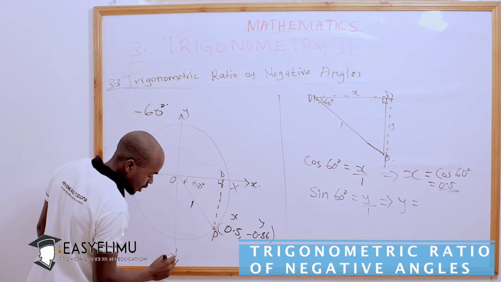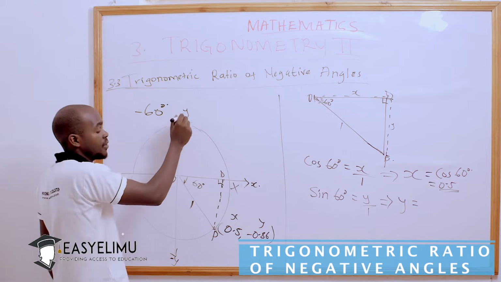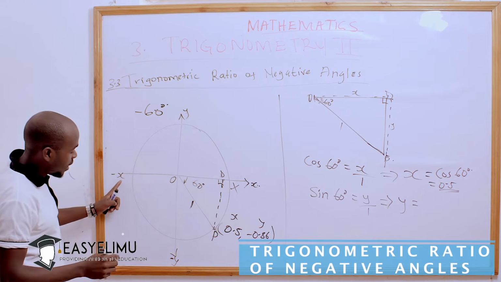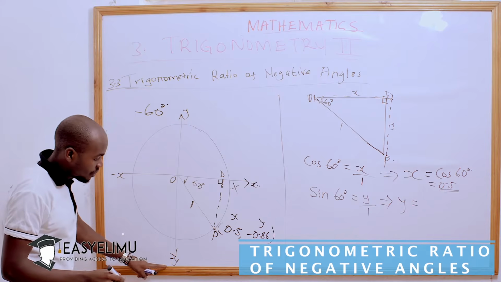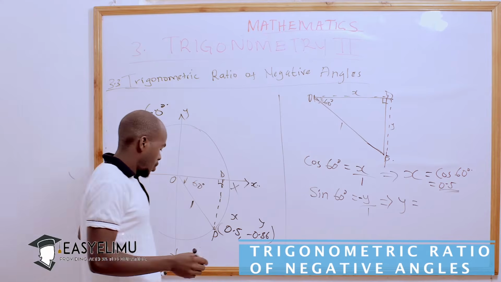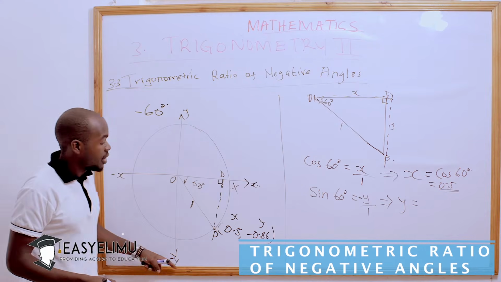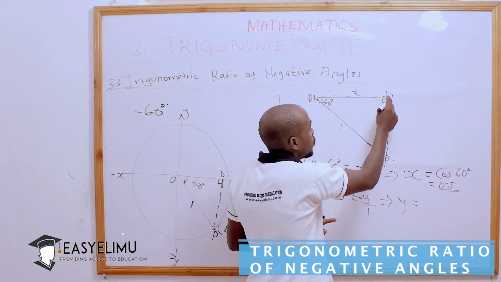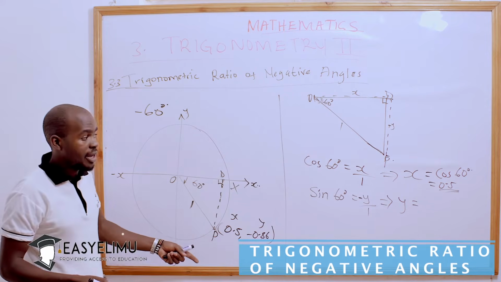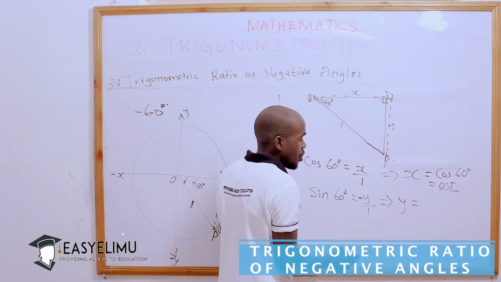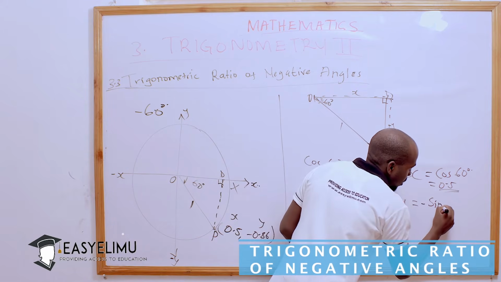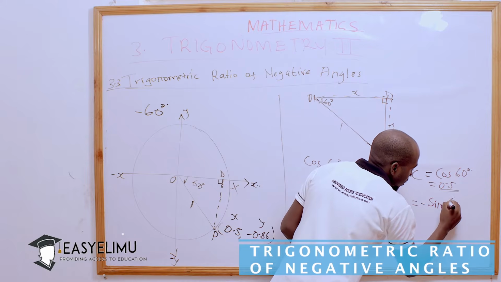This is positive y, this is x, and this is negative x. So it is moving in the negative y direction, so y is negative sine of 60 degrees.